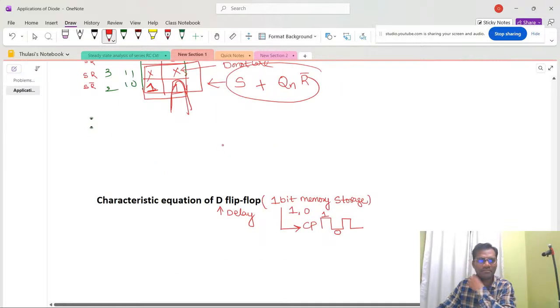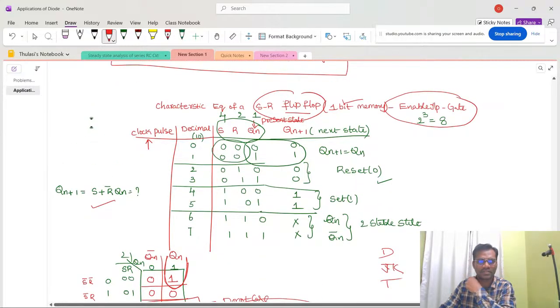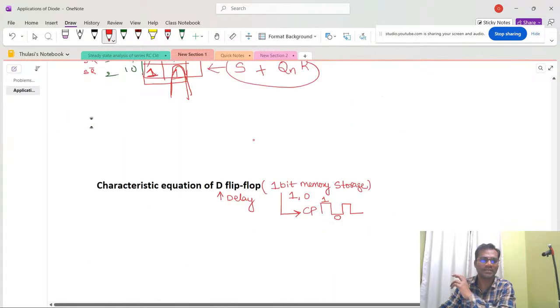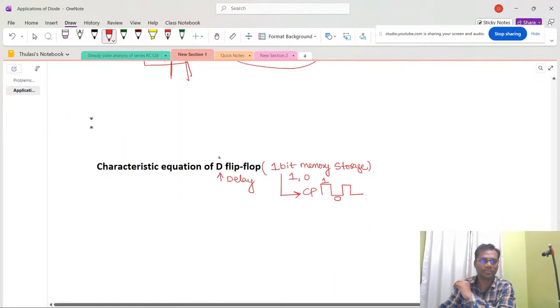In the previous class, we discussed the characteristic equation of an SR flip-flop. The same we are going to do here, but the output is delayed by a logic of 1, for one cycle.